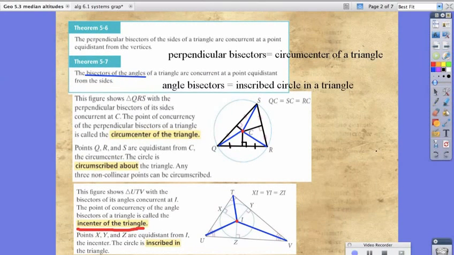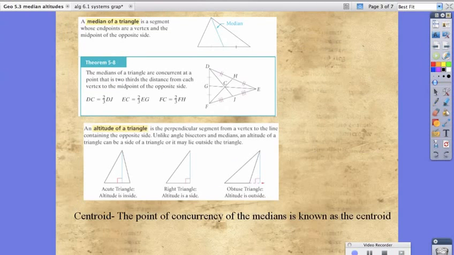So we're definitely going to have to revisit this when we work on our problems, but that should simplify it for now. Next thing we're going to work on is the median of a triangle. Now, the median of a triangle is a lot simpler than the last set of proofs and theorems.